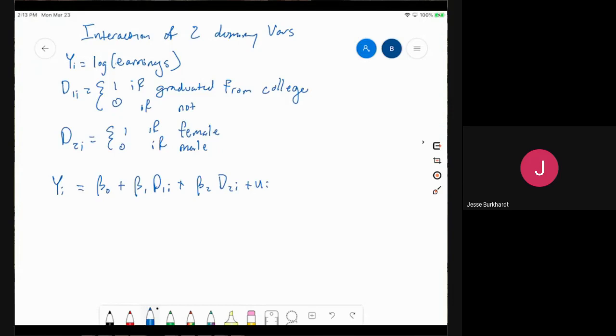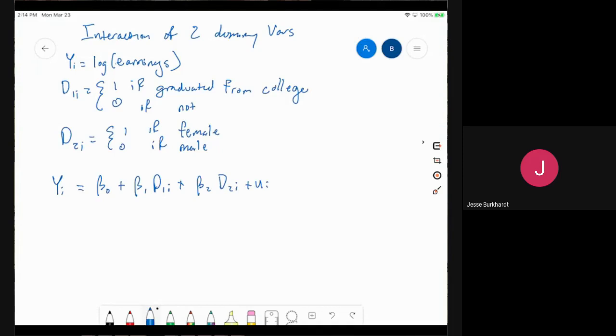This model says we think that your earnings are a function of whether or not you graduated from college. That makes sense. We also think that it's a function of your sex, female or male. That makes sense as well, if there's discrimination. The problem with this model is that it says that the effect of having a college degree is the same for males and females.